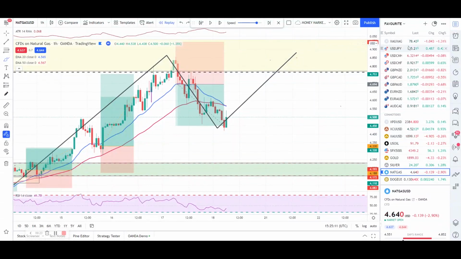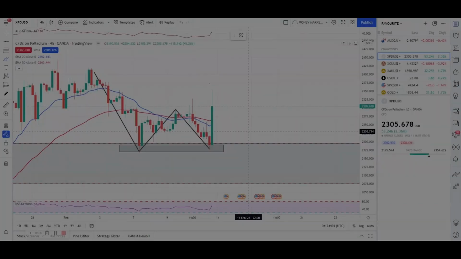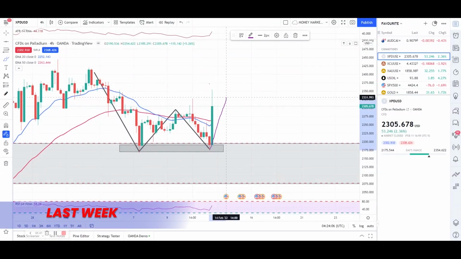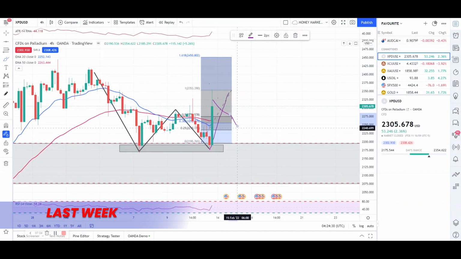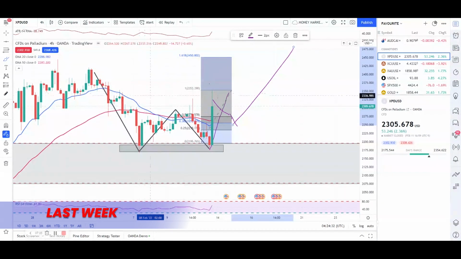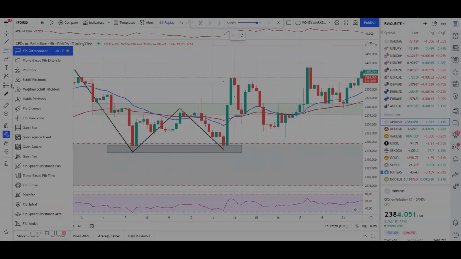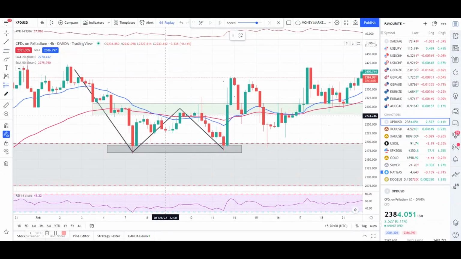Let me quickly show you the trade we took on palladium last week as well. As you can see here, we have a nice double bottom move with an engulfer candle, which is a very big candle. Once we have a hit of this zone, I'm expecting a bounce from this zone, as this is a very major level of support. Once we have a rejection, as I've already shown you in my previous video, I draw my box, which is right here.